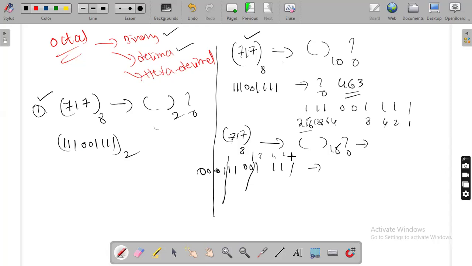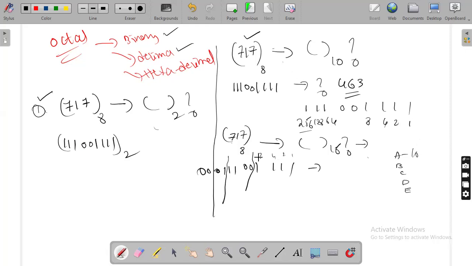What does 15 mean in hexadecimal? A means 10, B 11, C 12, D 13, E 14, F 15.